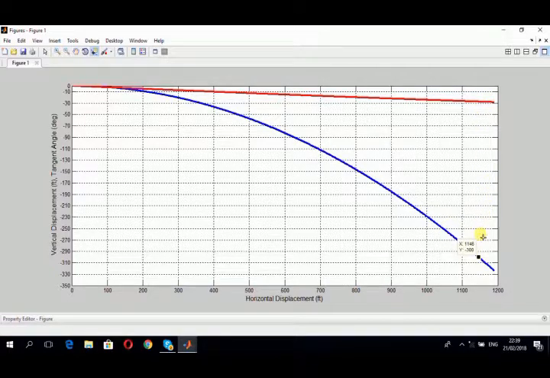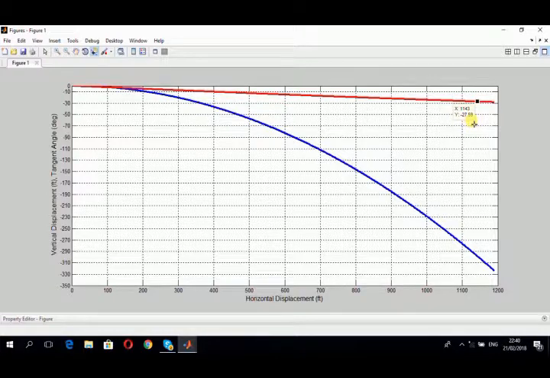But if we want to determine the impact angle at the end, at 300 feet vertical displacement downward and 1,140 feet horizontal displacement to the right, we can locate the corresponding point on the red curve, and directly we can get the impact angle equal to 27.6 degrees.